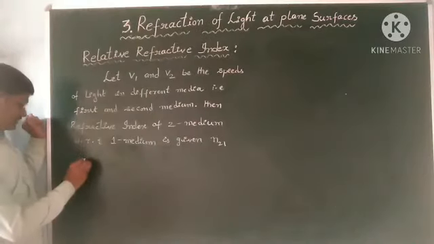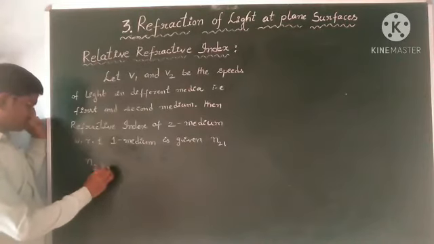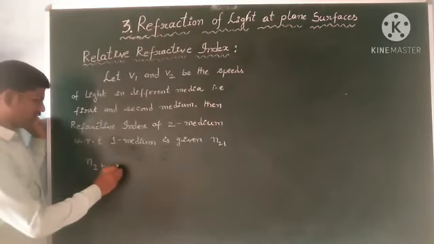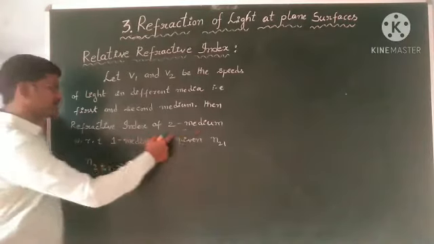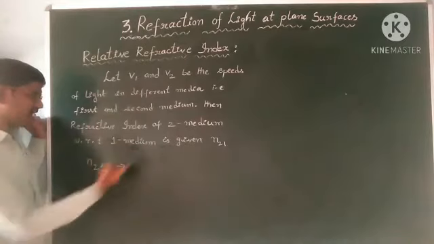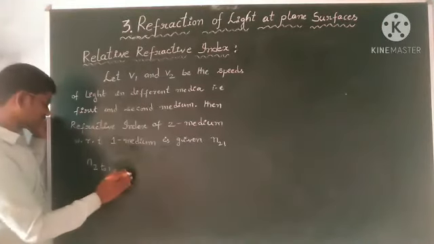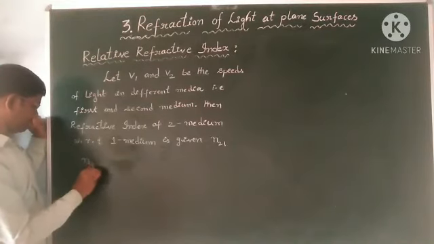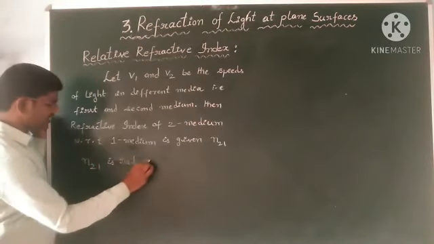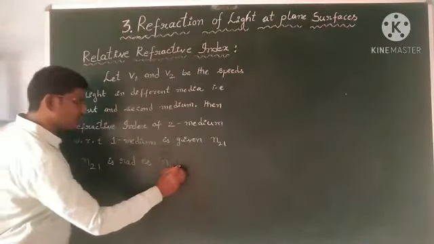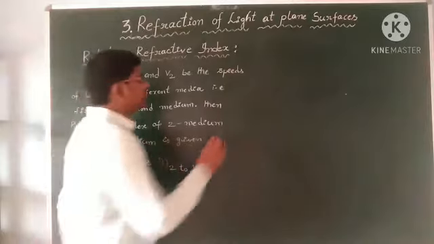We read this as n2 to 1. So how is it defined, you see, children?